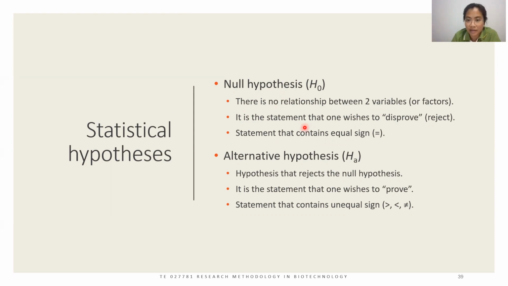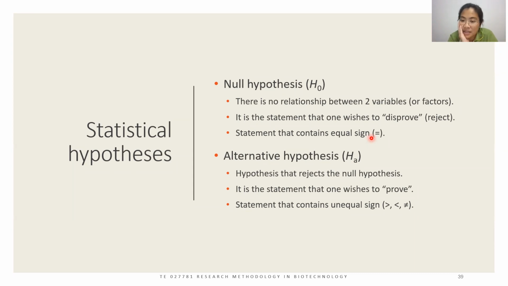It is a statement that one wishes to disprove, or that we want to reject. We don't want this to happen, and the statement contains an equal sign. So this is the point to spot the null hypothesis: no relationship, we don't want it, and it contains an equal sign.